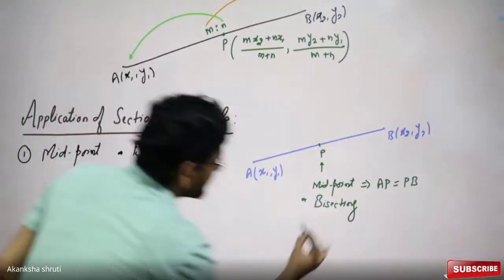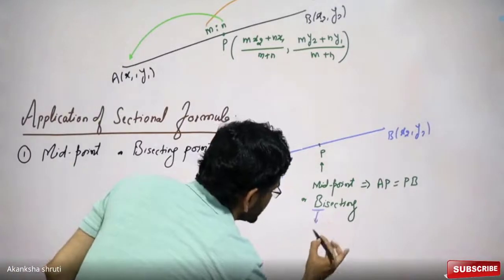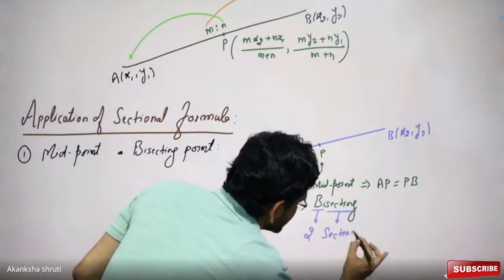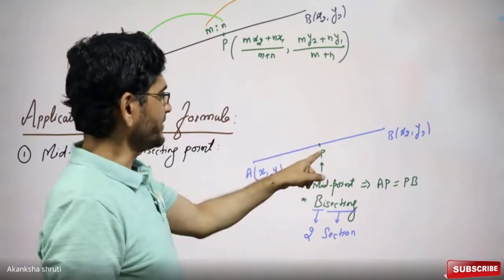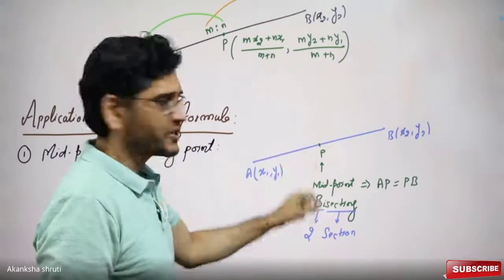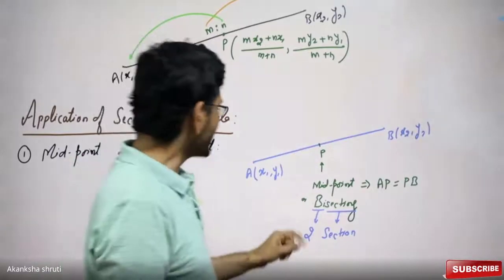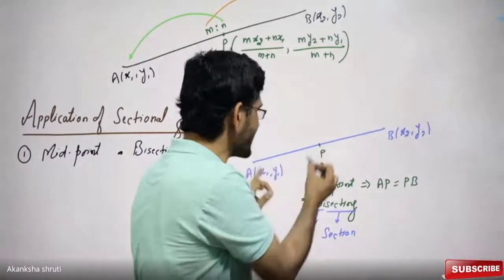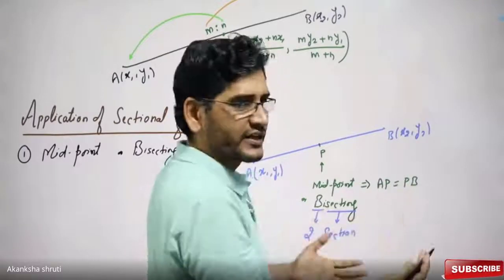Bi means two, and secting means sections. This way, the bisecting point or midpoint divides AB into two equal parts such that AP to PB will be 1:1.